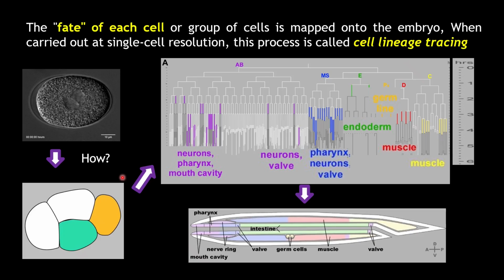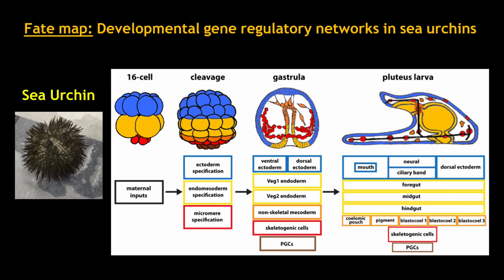Okay, so now we're going to talk about how they started doing this type of study using frogs. Before that, I forgot to tell you that I was going to talk about the sea urchin. So here is a diagram from your textbook. Here is the cleavage, the gastrula, and here is the larva. And you can see that there are 3 germ layers, in 3 different colors.